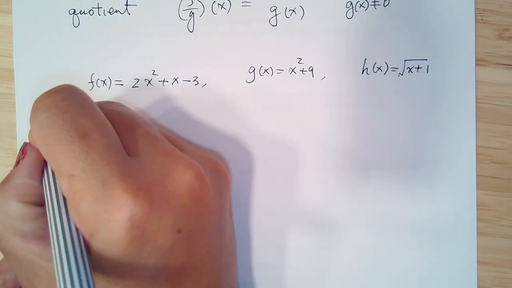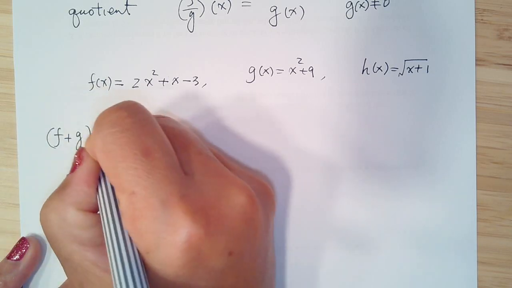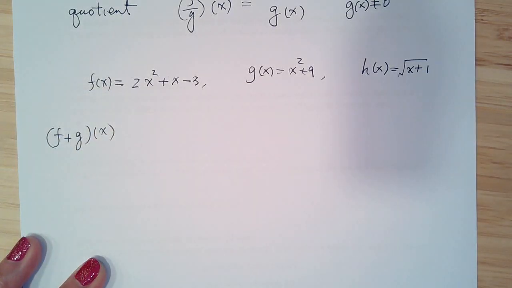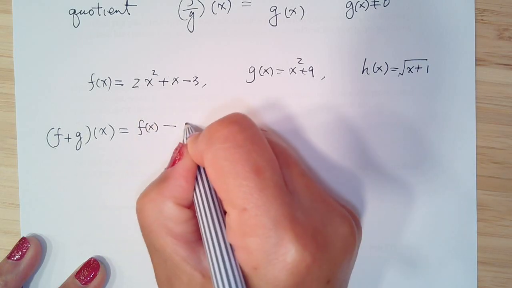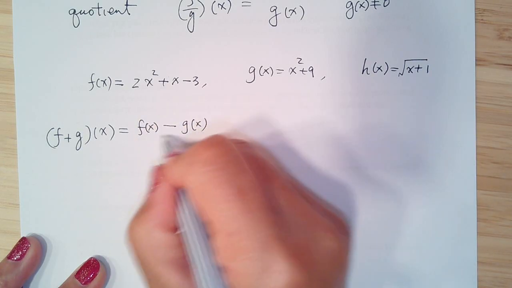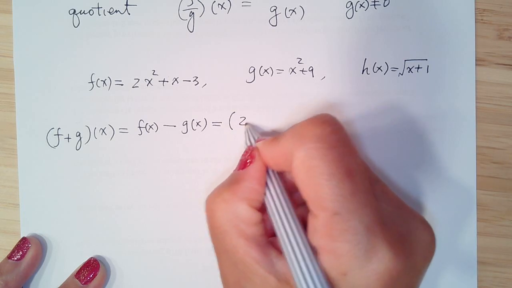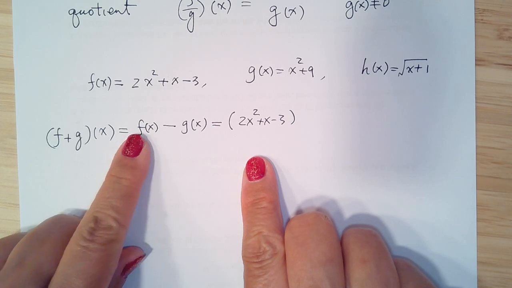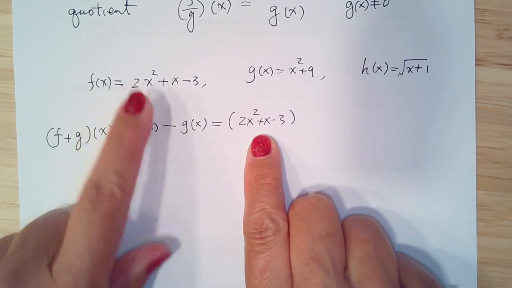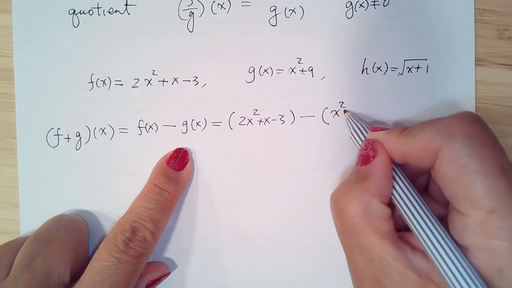Now I ask you to find what is f plus g, this sum function. It's just the f of x minus g of x. This is the definition. And then the next step is you're going to put in 2x squared plus x minus 3 because f of x equals this. That's given. And then we're going to minus g of x is x squared plus 9.